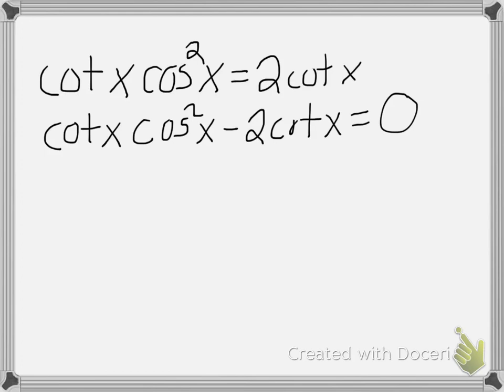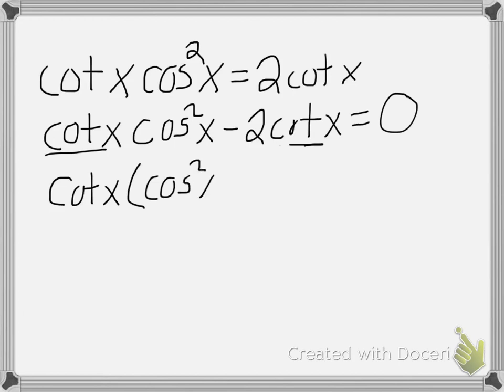Now I notice that I have a common factor of cotangent here and here. So I'm going to pull that common factor out and see what I have left. So I'm going to do the cotangent of x times cosine squared of x minus 2 is equal to 0.